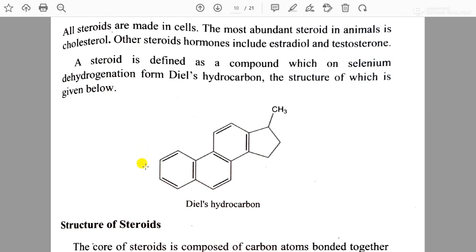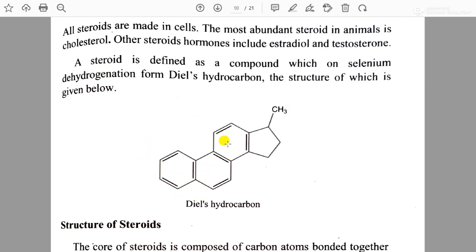If we heat any steroid in the presence of selenium catalyst, dehydrogenation occurs. That is, hydrogen molecules will be lost from the steroid ring structure, and this particular structure will be formed. This is the Diels hydrocarbon.